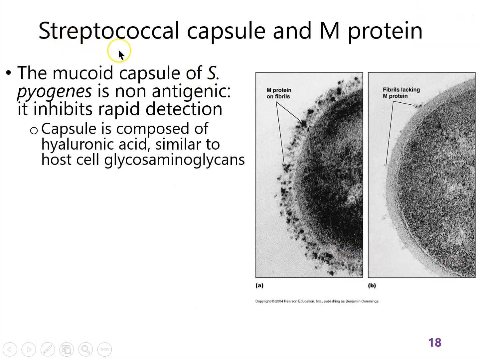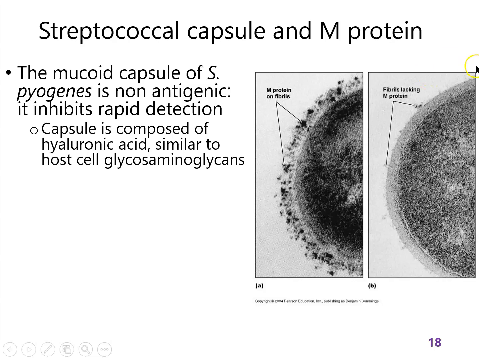There are a couple major virulence factors in streptococci that make this more likely. One is that Streptococcus pyogenes, which causes strep throat, this is also known as the group A streptococci, they have a capsule that mimics host hyaluronic acid, and so that mimics being part of a host cell.